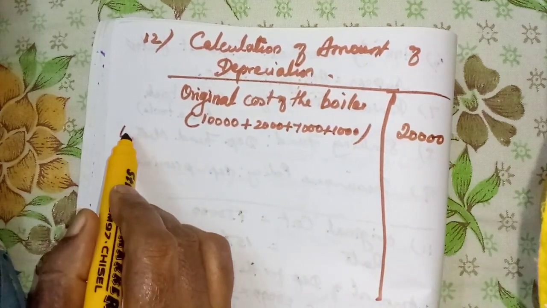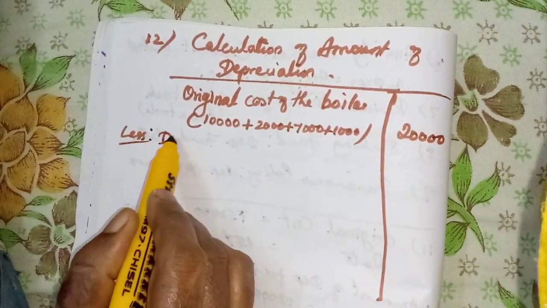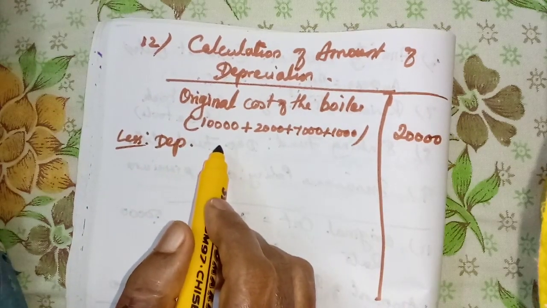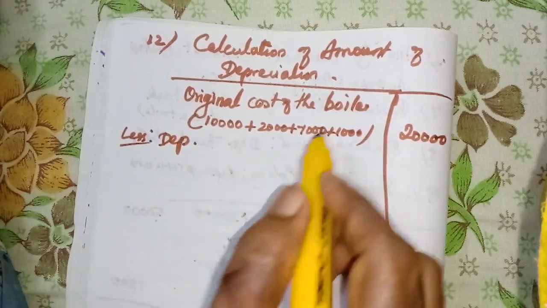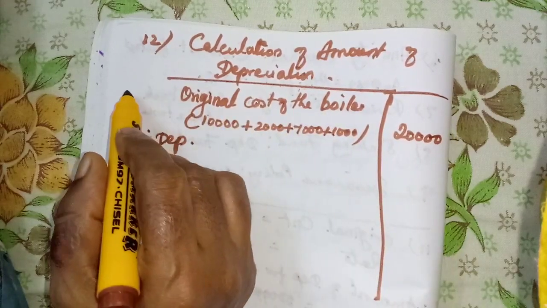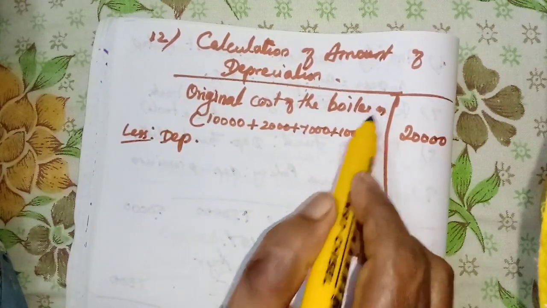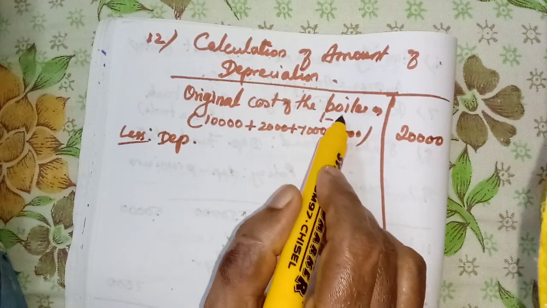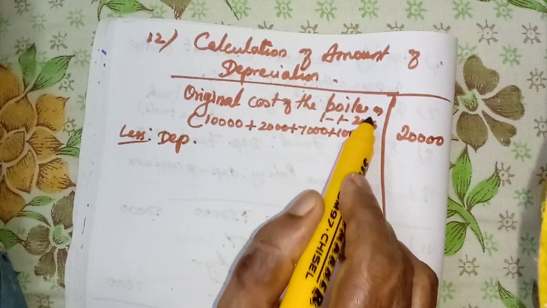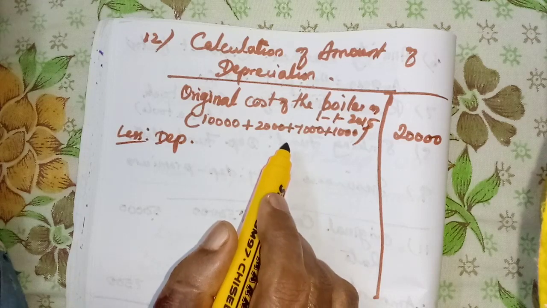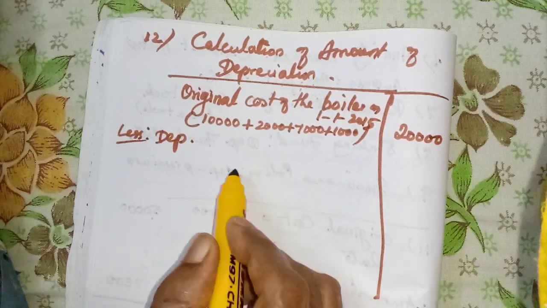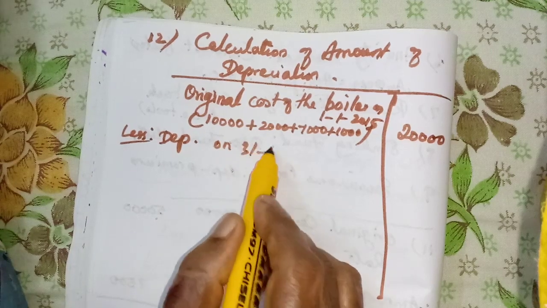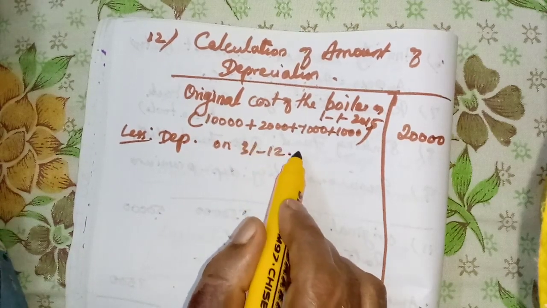Okay, now less depreciation. Now depreciation for the first year, when the accounts get closed. Here when we are purchasing, purchase price on 1/1/2015, it is closing on 31st December 2015.